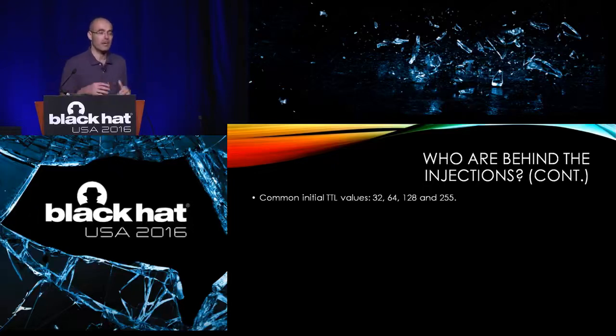These are the most common values for initial TTL values set by the operating system. For example, I think most flavors of Linux set the initial TTL value of their IP packets to 64, and maybe Windows 255, but I don't really remember. But these are the most common values.